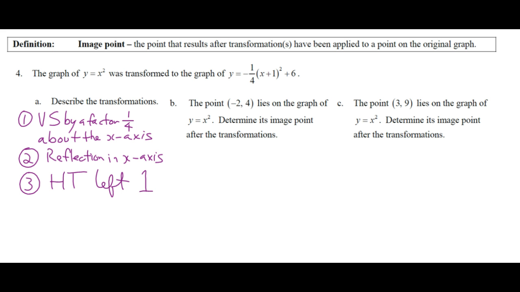So you need 3 things: HT or VT for translation, which way (left, right, up, down), and how much. And the last one is translation, 6 units up. I like to say up 6, but you can say 6 up.